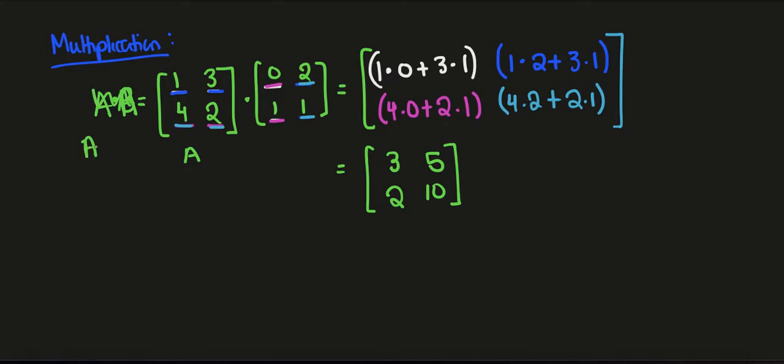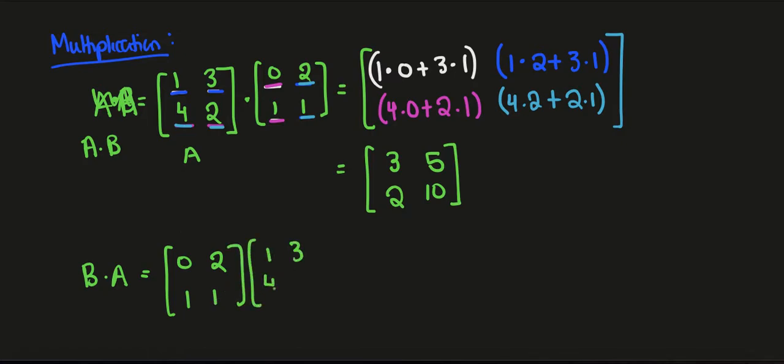Maybe I'll write that a bit nicer. Let's do B times A. So here we'll have 0, 2, 1, 1 times 1, 3, 4, 2. For the first entry, we do 0 times 1 plus 2 times 4.